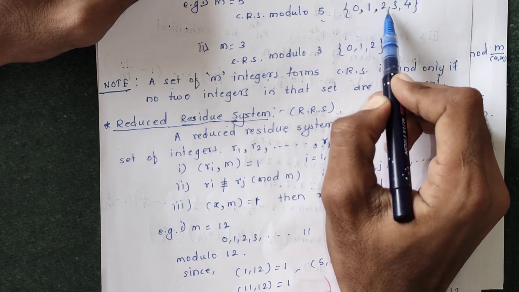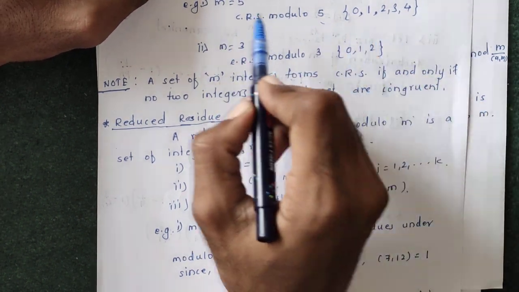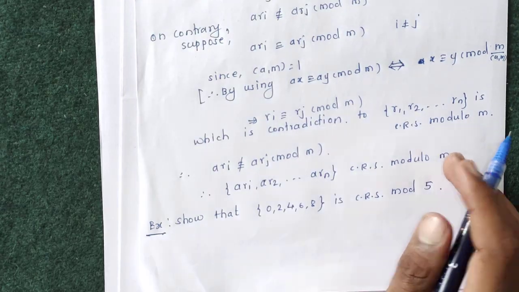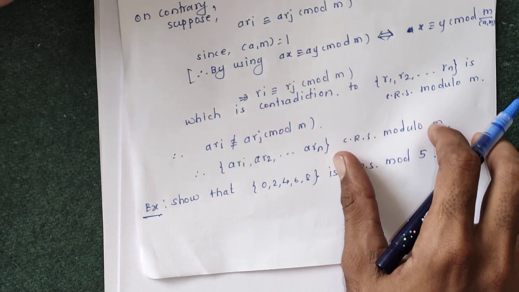So 0, 2, 4, 6, 8 must form a CRS under modulo 5 if the GCD of 2 and 5 is equal to 1.